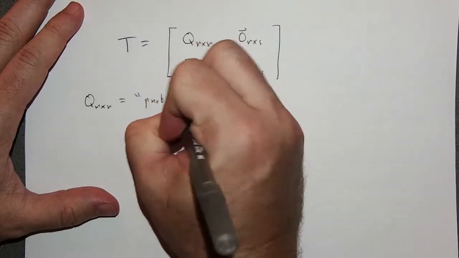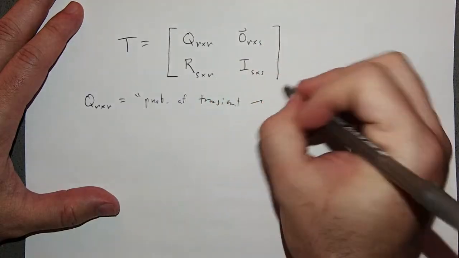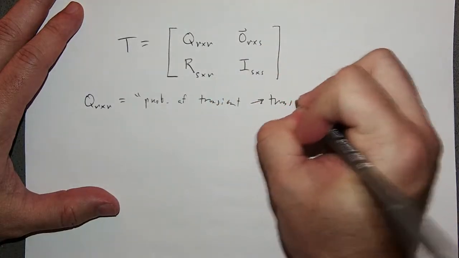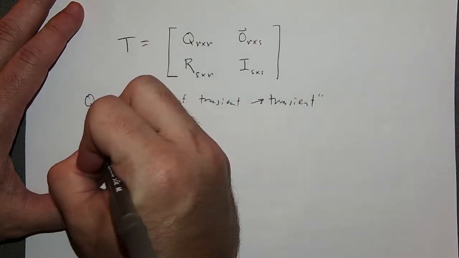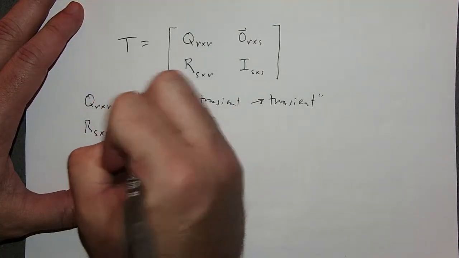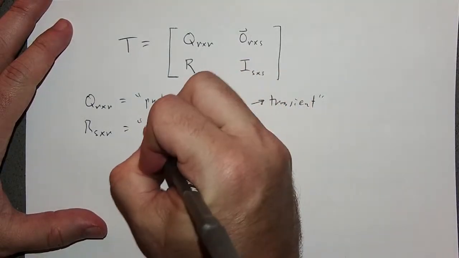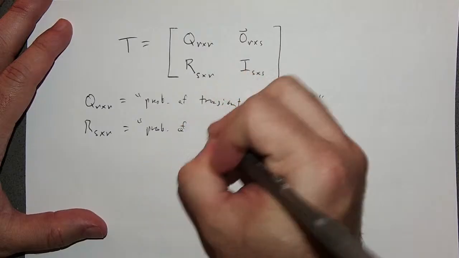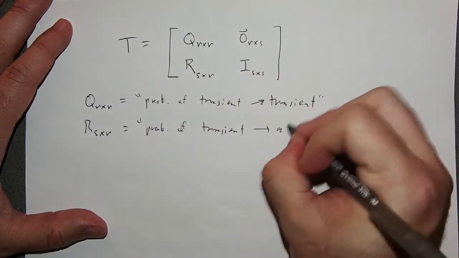So probabilities of transient to transient. Okay, what about this thing? This is probabilities of moving from a transient state to an absorbing state.